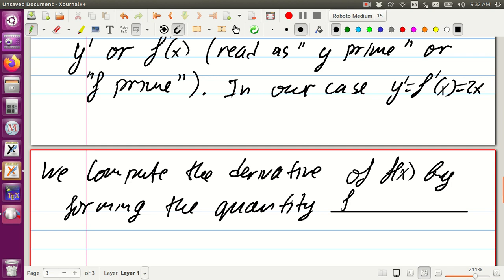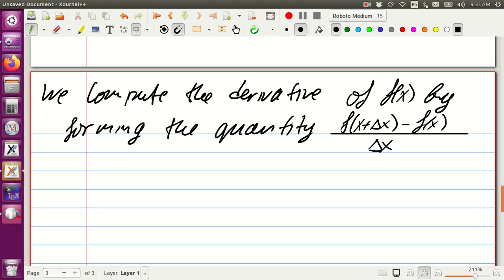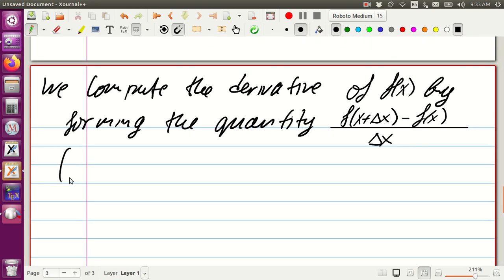In the numerator we have f of x plus delta x, where x plus delta x means a small step either to the right or to the left, minus f of x, divided by delta x. And this quantity has a name, it's called the difference quotient.